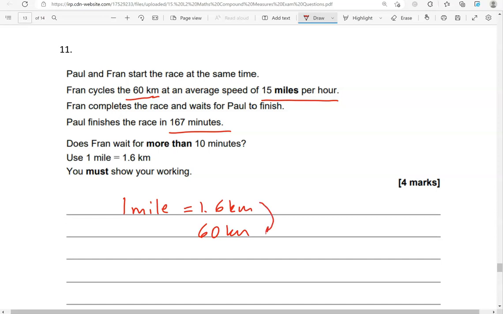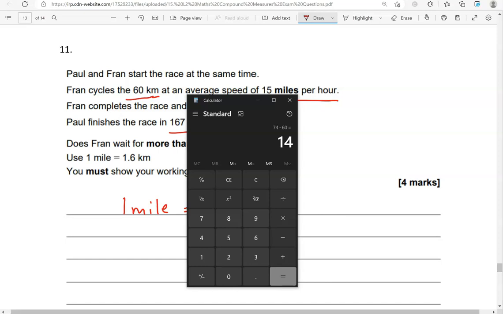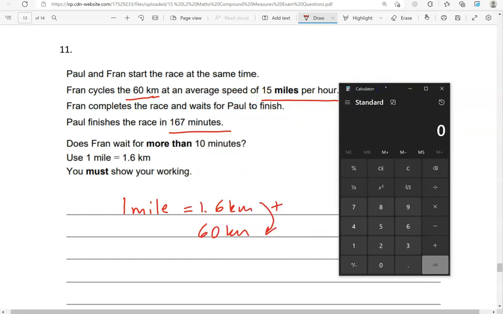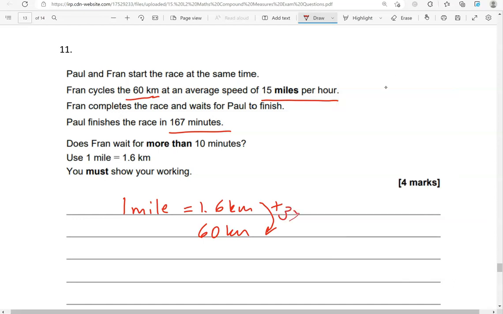So what do we need to multiply 1.6 by to get 60? What I'm going to do is 60 divided by 1.6, which is 37.5. So we'll do this on the other side. 1 times 37.5 is 37.5 miles. So 60 kilometers is equal to 37.5 miles.